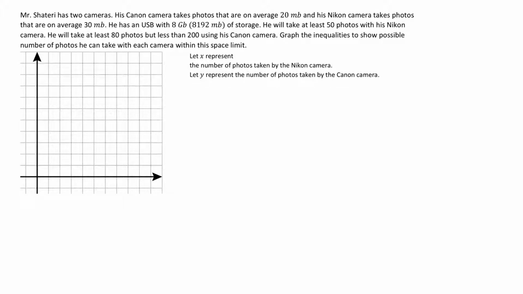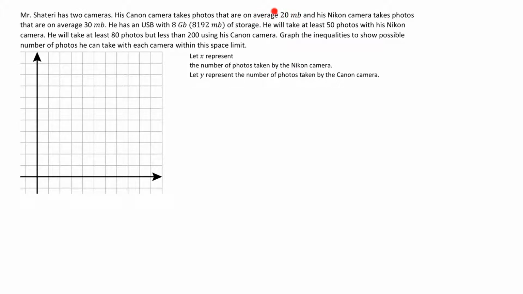Finally, we will look at an example to tie everything up and to give you an idea of where inequalities can be used. So in this example, it says Mr. Shateri has 2 cameras. His Canon camera takes photos that are on average 20 megabytes. So raw photos coming out of an approximately 16 megapixel camera are between 20 to 25.